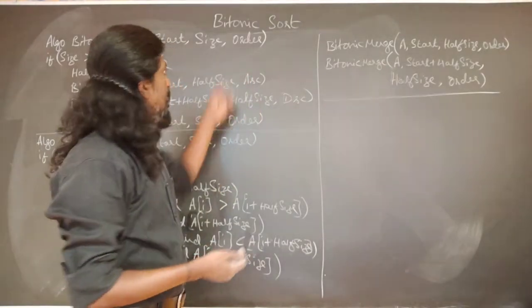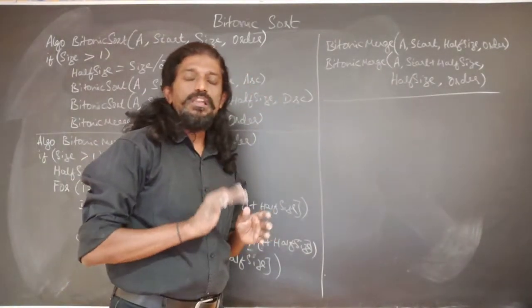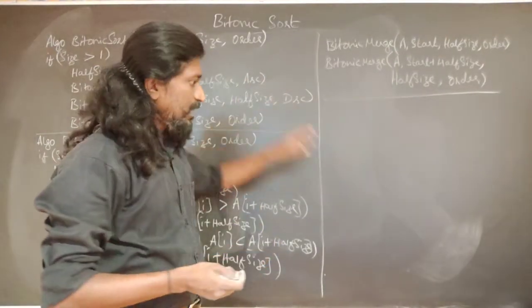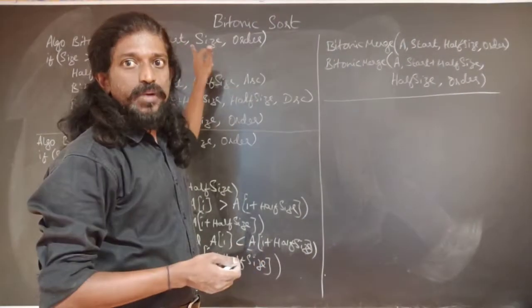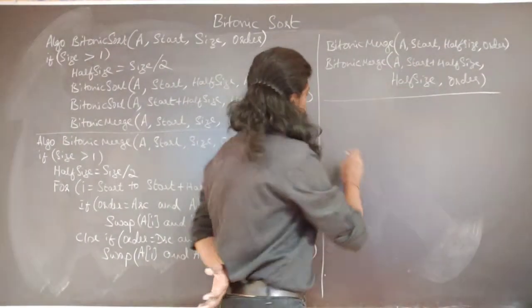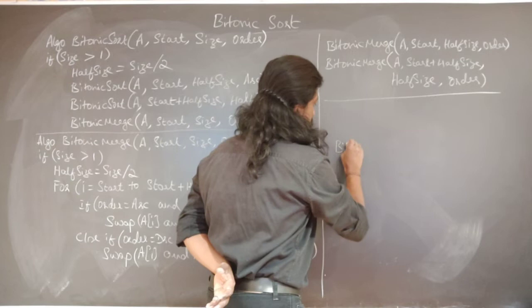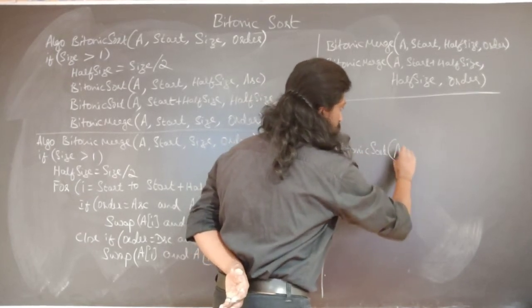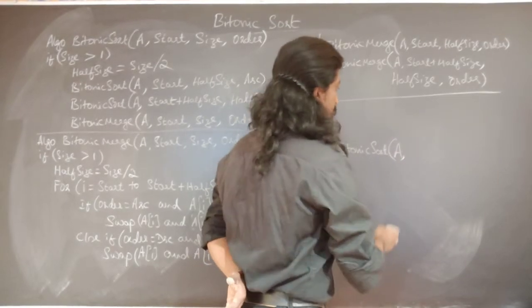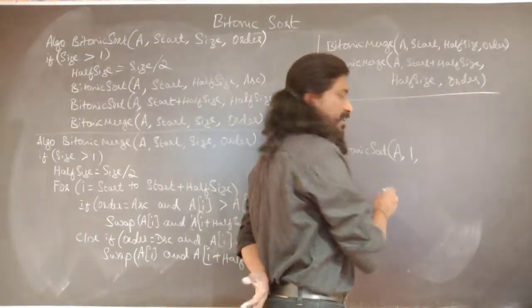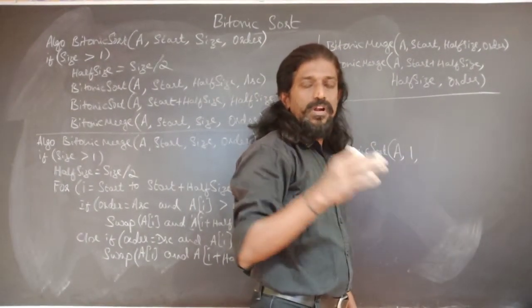Now, where are we mentioning that we want to sort the elements in either ascending order or descending order? That will be done when we give the first call to this Bitonic sort from maybe the main or from some other function. When we give the first call, say Bitonic sort, the elements are stored in some array A, and let us assume the start is at index 1, so the array elements start from index 1, 2, 3, 4 and so on.